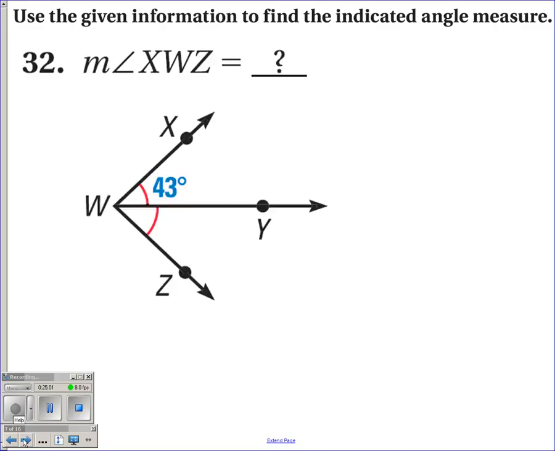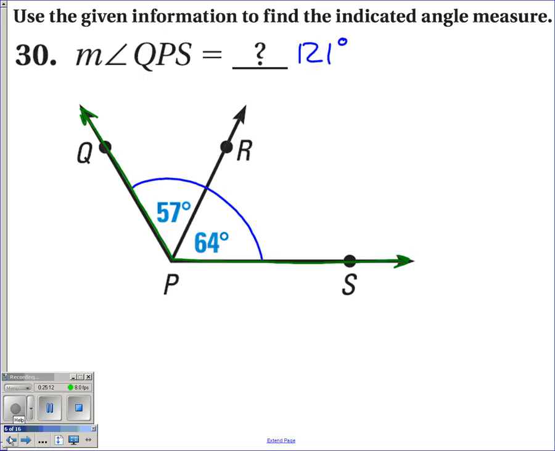Let's take a look at number 32. Now in this diagram, we see some different information. Notice in number 30, let's just go back to it. These two angles, 57 and 64, they are not the same angle.